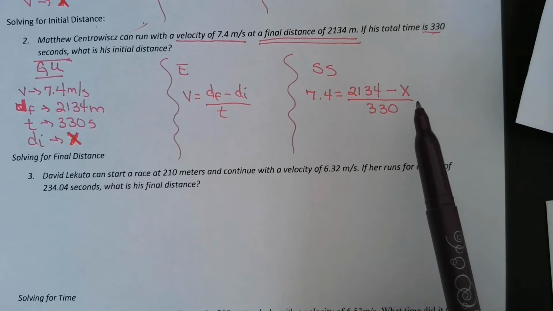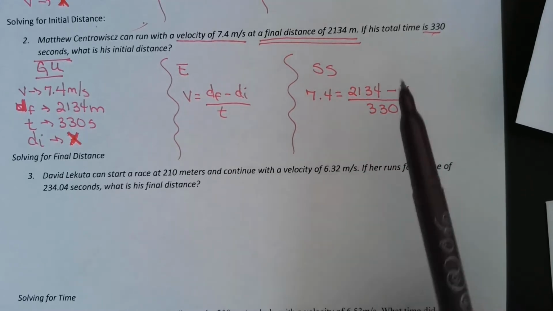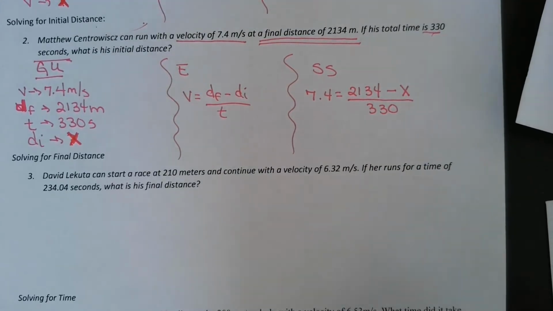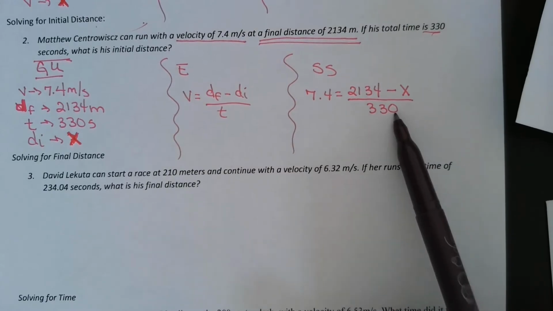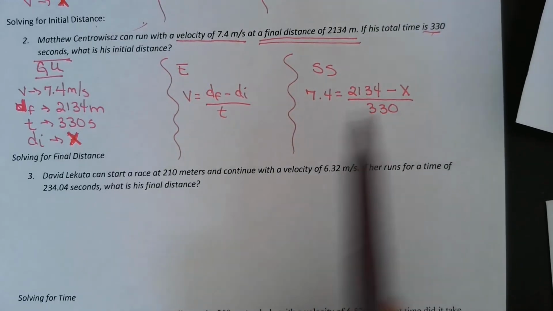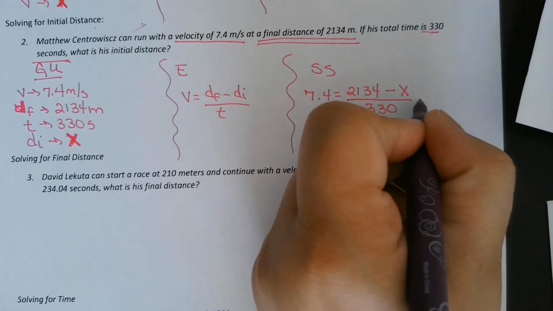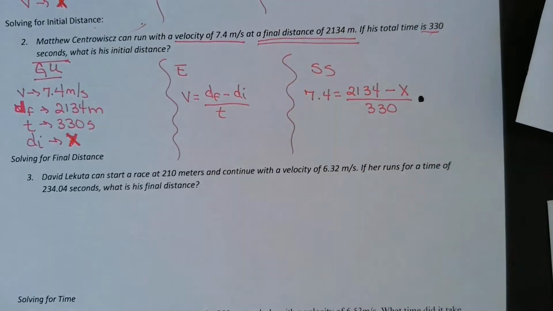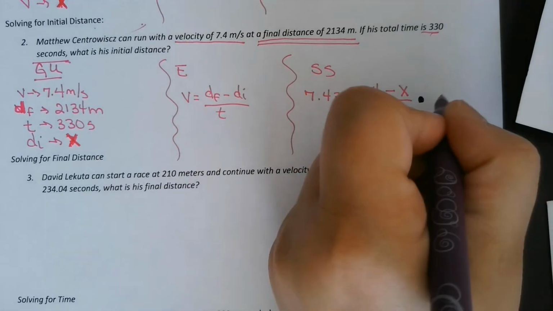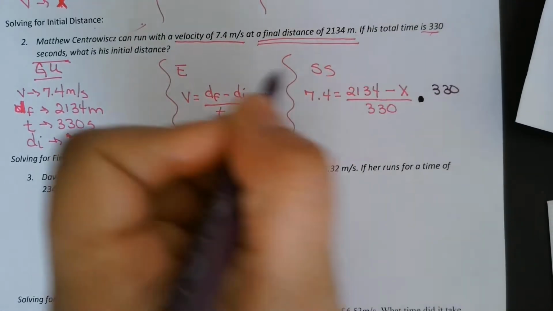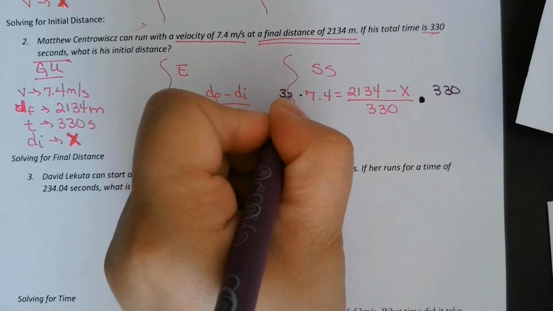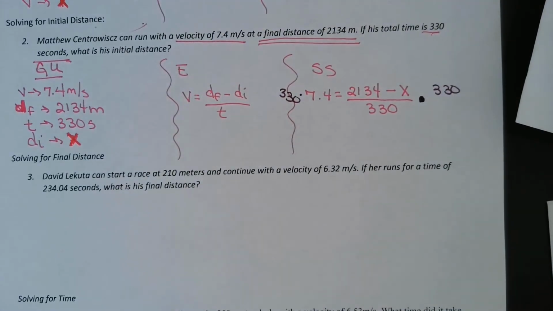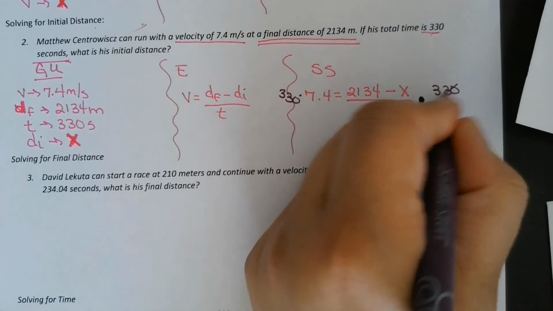If you only eat a fraction of a pizza, you're dividing the pizza by all of your guests. So this is only a fraction. This is being divided, and the opposite of division is multiplication. So we're going to multiply, and this dot means multiply, 330 to both sides. That gets rid of this 330.